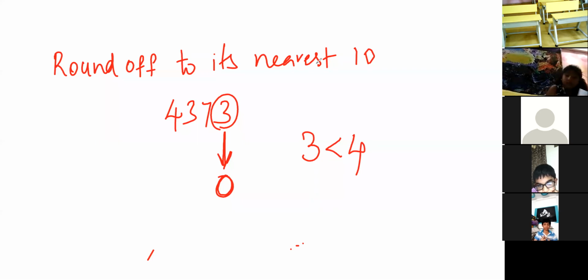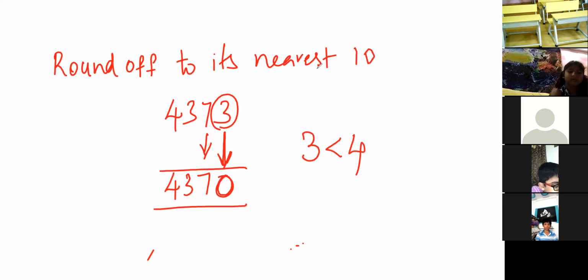Nothing. You should not change anything in the tens place. You have to write the tens place digit as it is, and the remaining numbers also same as it is.